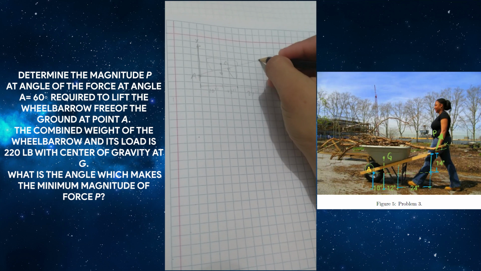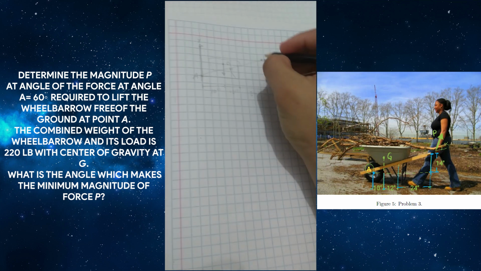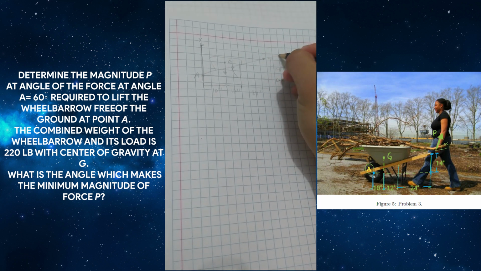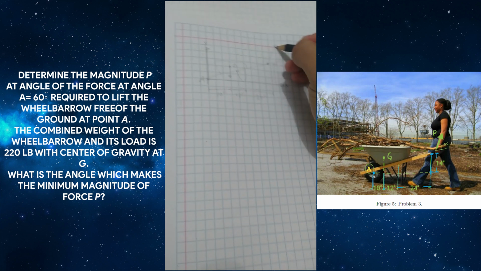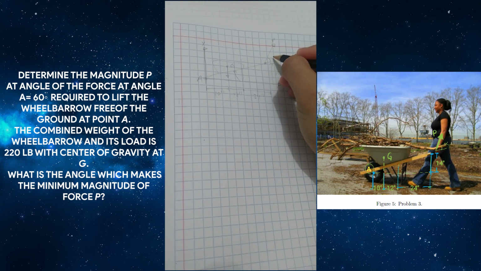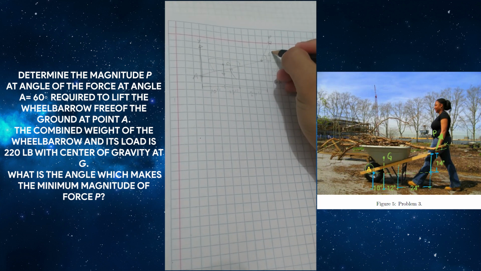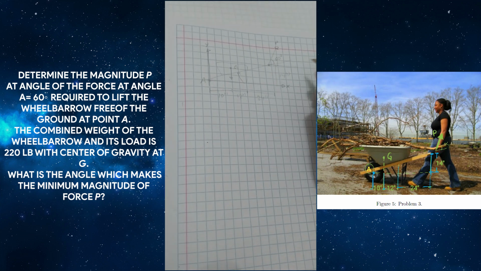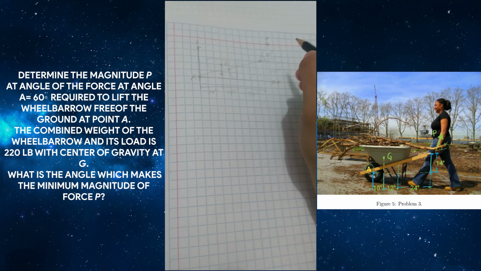Well, here we have the point and the point P. This is an angle of alpha, but alpha is 60 degrees. And we don't have this angle so far.